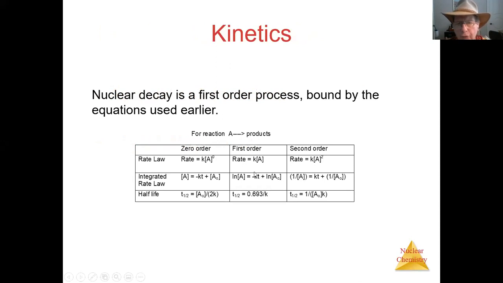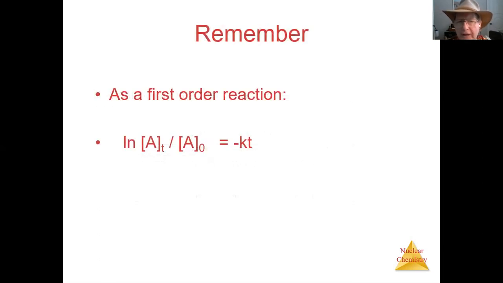In other words, all I'm doing is taking the integrated rate law and subtracting ln of A0 from both sides. ln of A minus ln of A0, mathematically, I could turn it into that term. That is equal to negative kt.